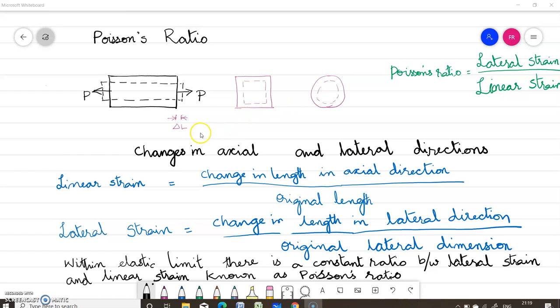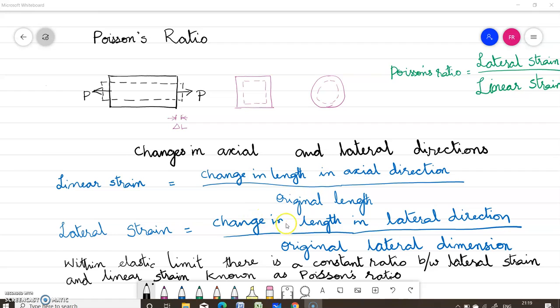So we define the ratio of change in length in the axial direction to the original length as the linear strain. Now you know what linear strain is: change in length in the axial direction divided by original length. Lateral strain is change in length in the lateral direction divided by the original lateral dimension.